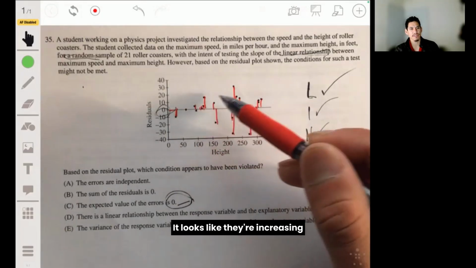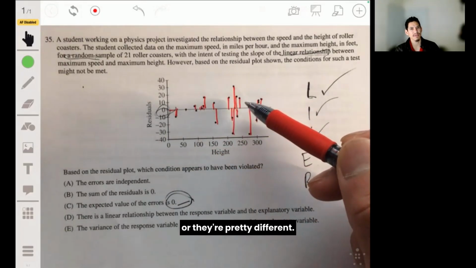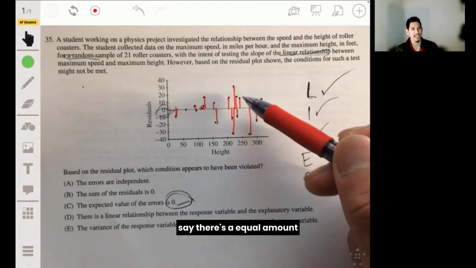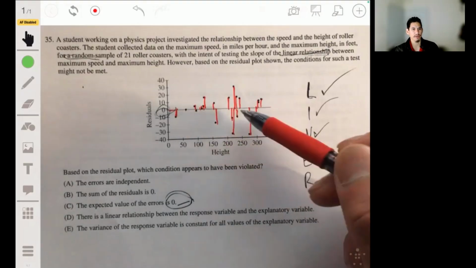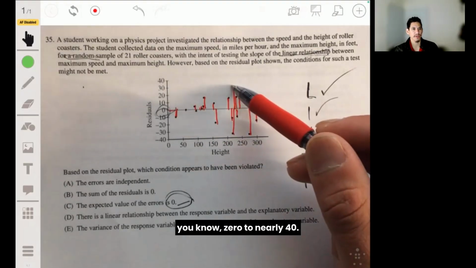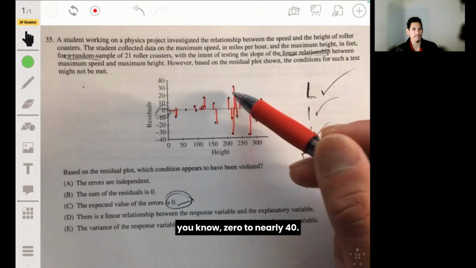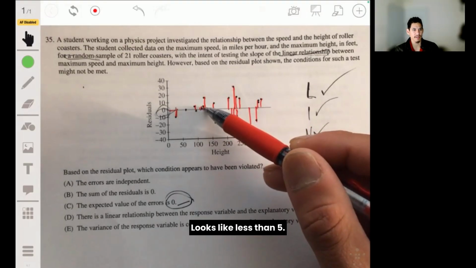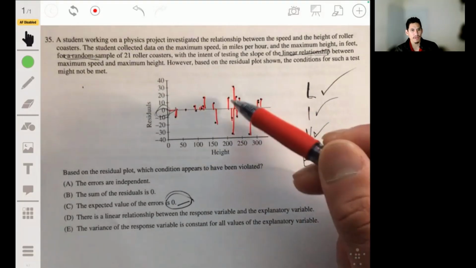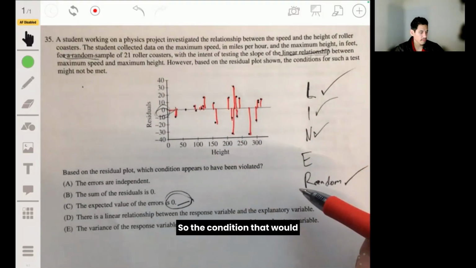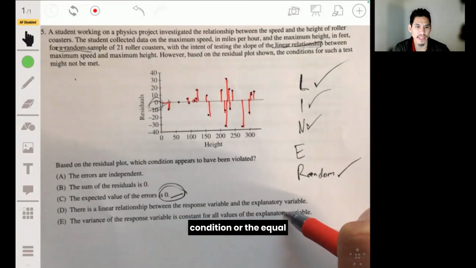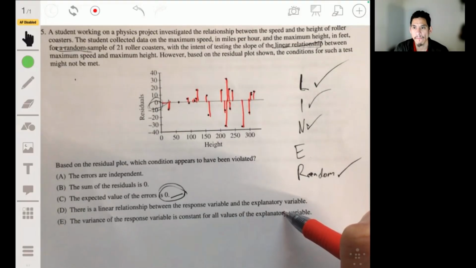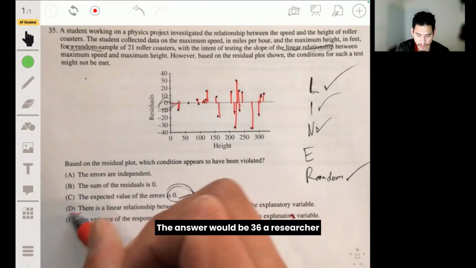It looks like they're increasing, or they're pretty different. We can't reasonably say there's an equal amount of spread along the regression line, because you go all the way to nearly 40, and these ones are less than 5. So the condition that would not be met would be the variance condition, or the equal standard deviation condition. It may also be worded like that. The answer would be E.